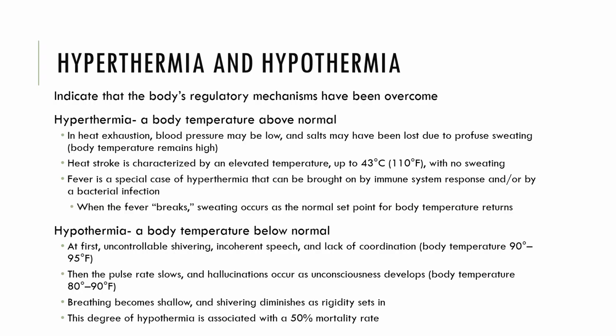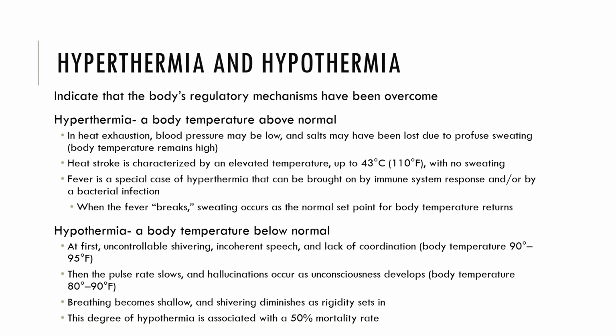So we're going to continue on with regulation of body temperature. Again, the regulation of body temperature is important for homeostasis. The skin helps maintain body temperature through mechanisms like vasodilation, vasoconstriction, and sweat production. So let's go through each of these.